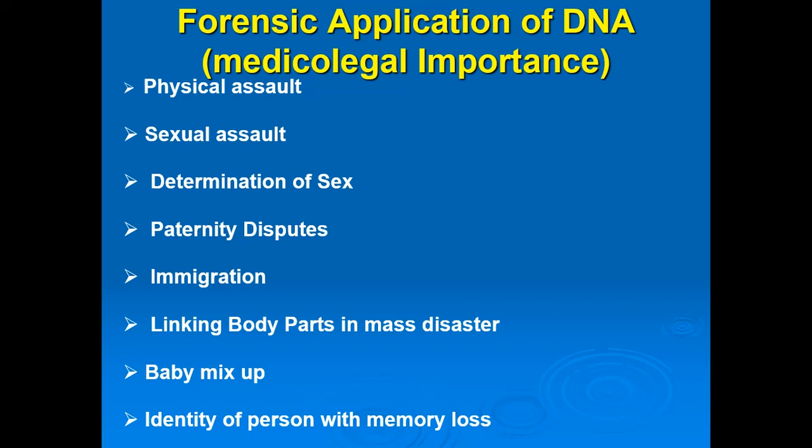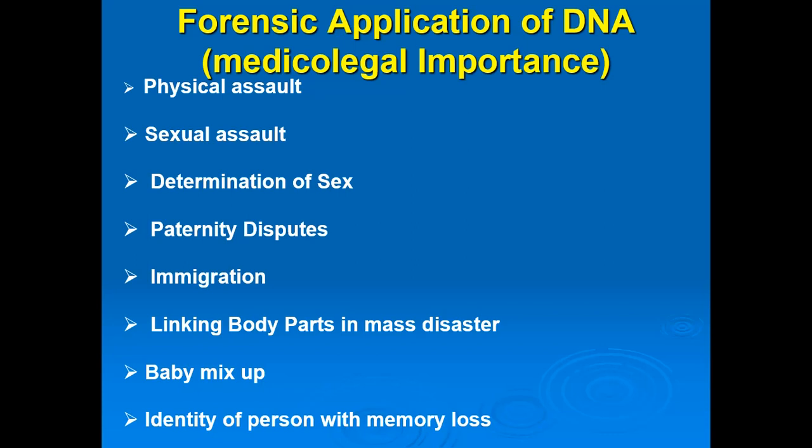For immigration purposes to any country, if you get immigration to another country, they may require a DNA test to confirm your identity. Next, linking body parts in mass disasters. So what are mass disasters? Airplane crashes, railway accidents, ship drowning, earthquakes.